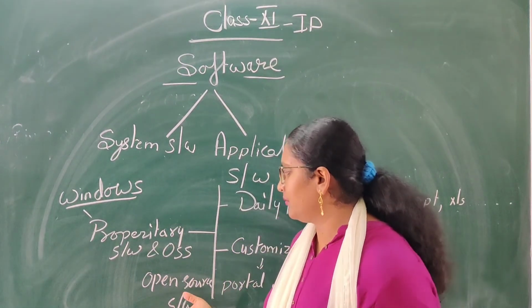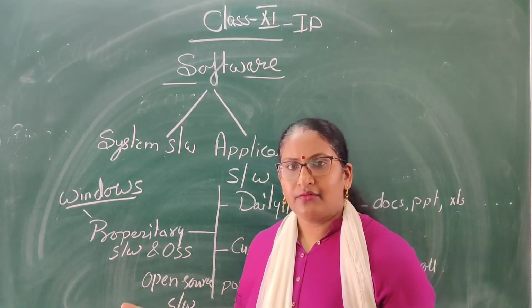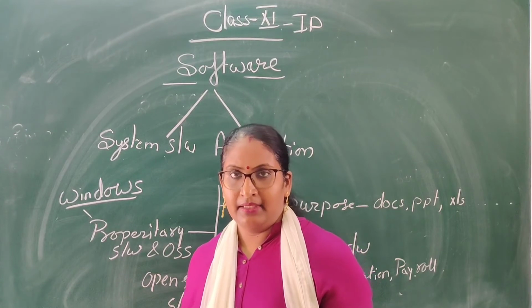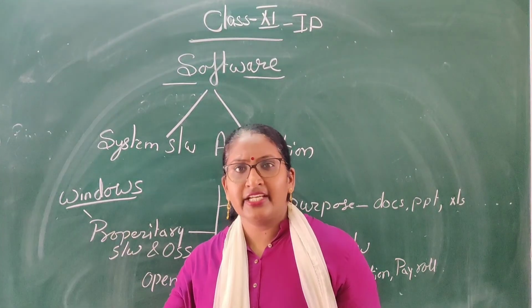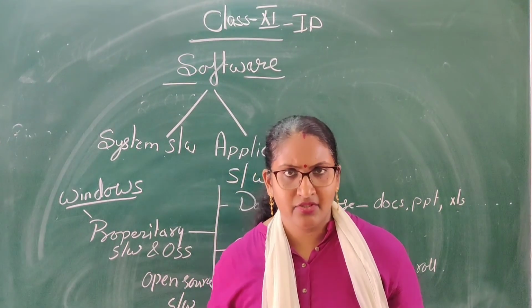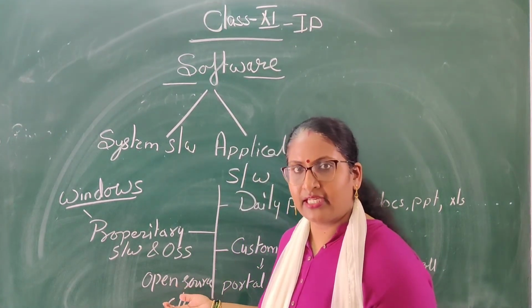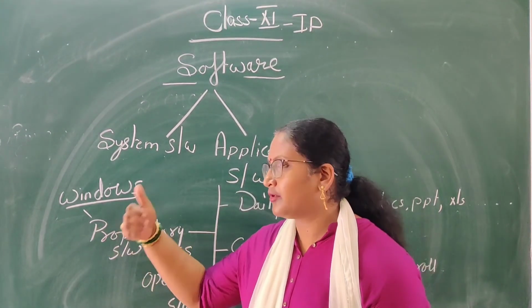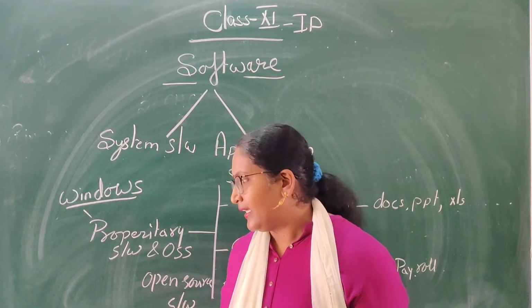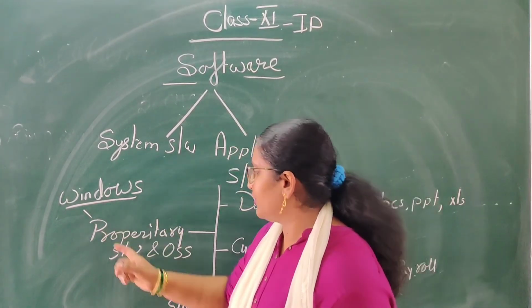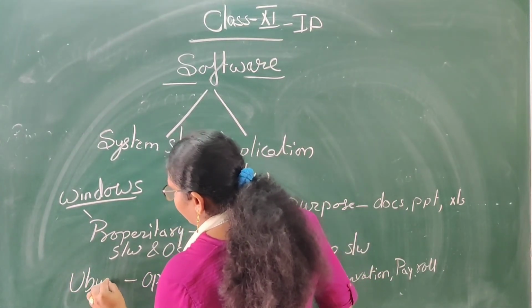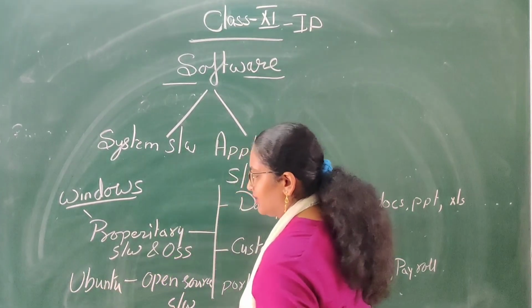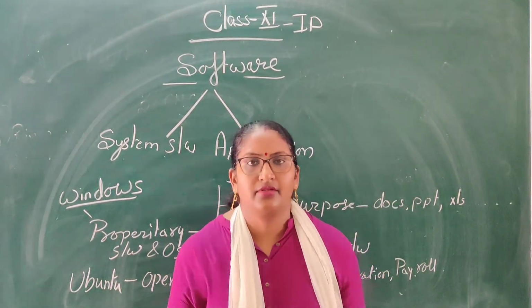So open source software is software which is freely available and can be changed according to the customer's choice. Documentation can be done in open source, but in proprietary software we can't change. An example of proprietary is Windows, and of open source, Ubuntu.